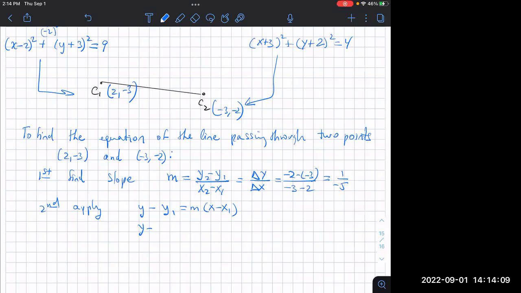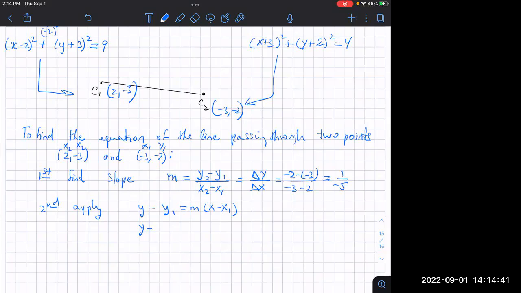y minus y1. But wait, y1 would be -3? Or what are we doing here? So you can call it (2, -3) as your x1, y1, and this is your x2, y2.